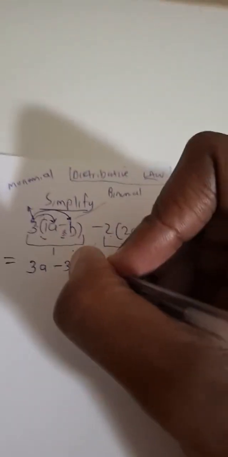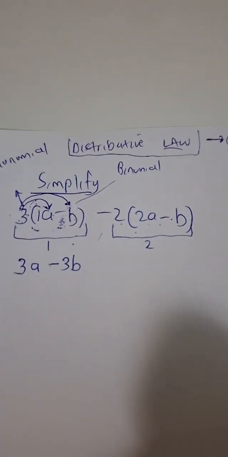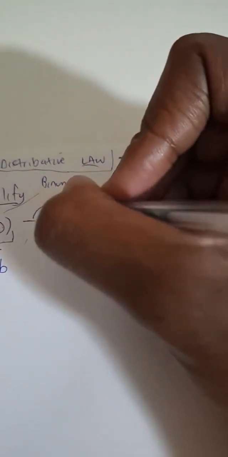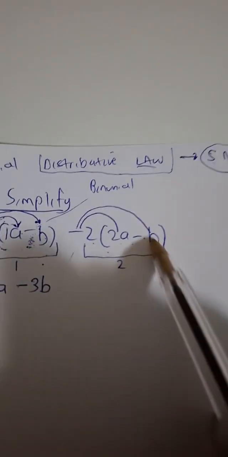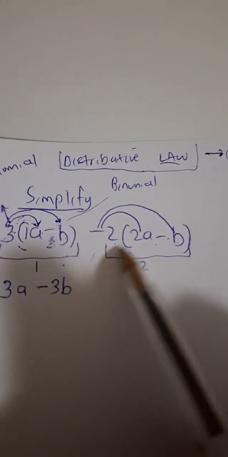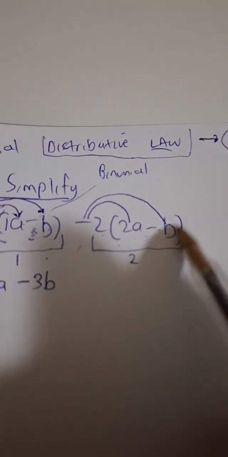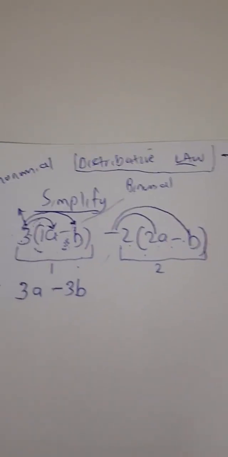The b is the letter next to the 3. Done. Now we distribute the negative 2 also to these, because this is a monomial by a binomial inside the bracket. Are you with me?